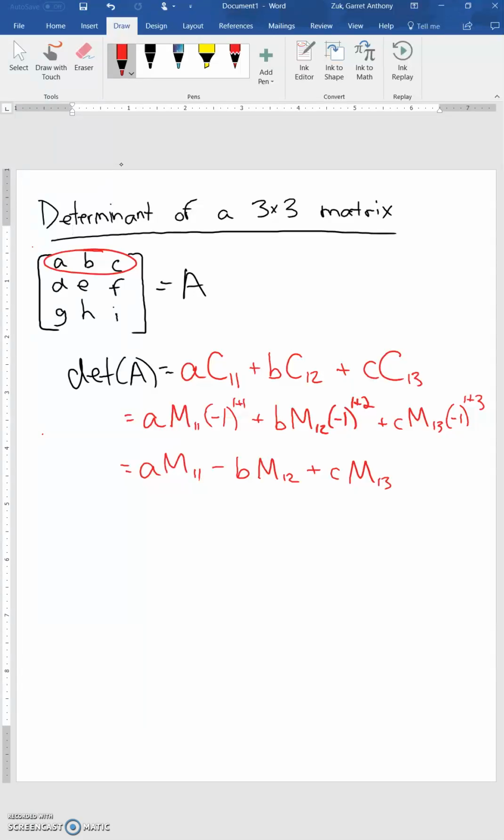We had whatever that top row entry was, and now we have a new term for it: we're calling it a minor. Same idea, we're eliminating a row and a column. And then we also have this alternating sign pattern, and now we know that's coming from this number -1 raised to a certain power based on the row and column we're at.